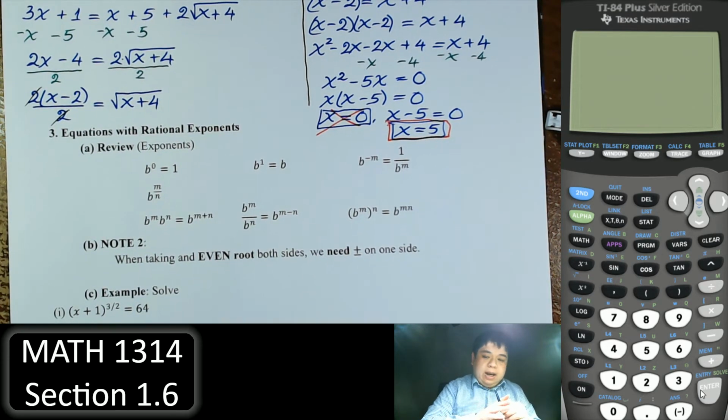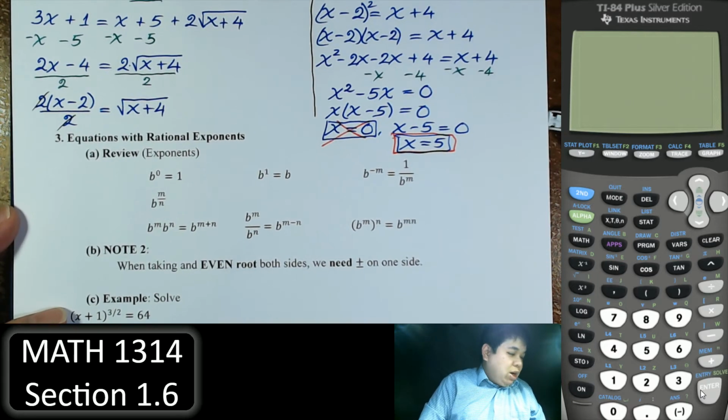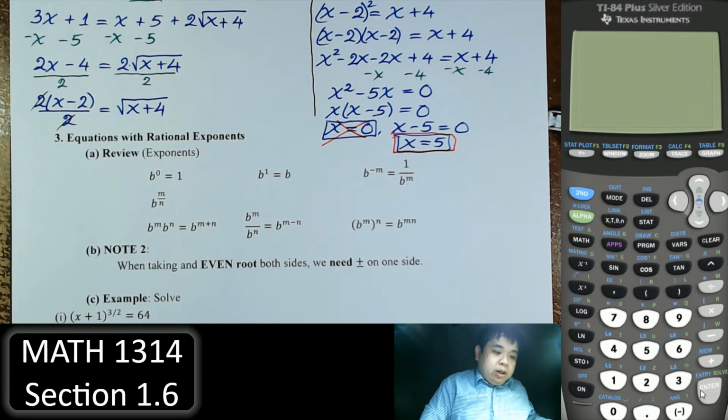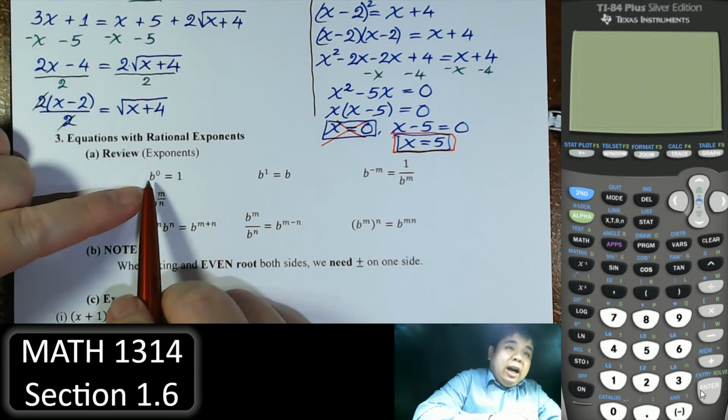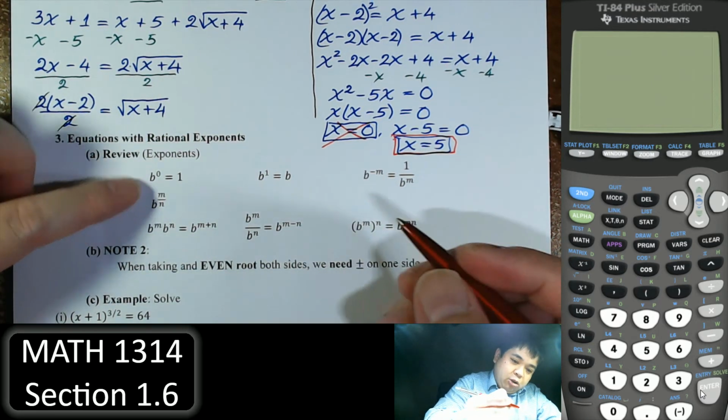Right. Next. Equations with rational exponents. So here are some properties. B raised to the 0 power is 1.